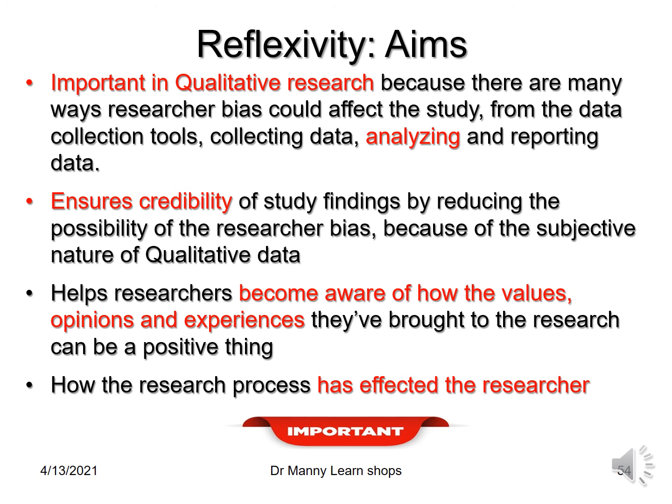Reflexivity ensures credibility of your study's findings by reducing the possibility of researcher bias because of the subjective nature of qualitative data. And it helps you as the researcher become aware of how the values, opinions, experiences of the participants have been brought to the research, and this can be a positive thing, and how the research process has affected you as the researcher.